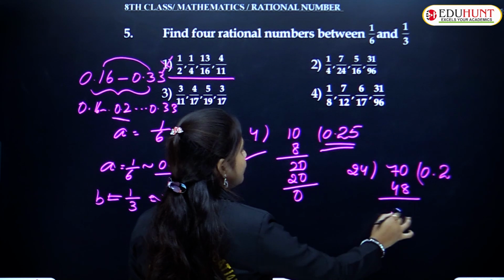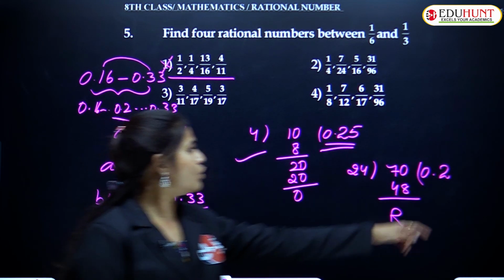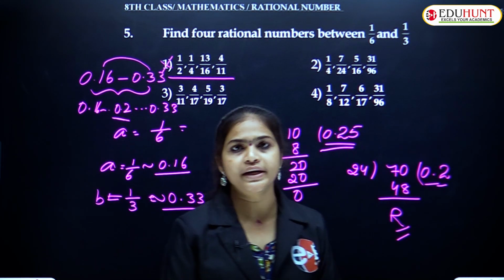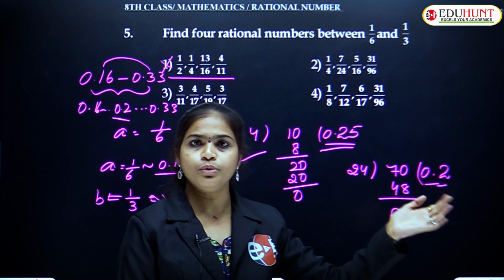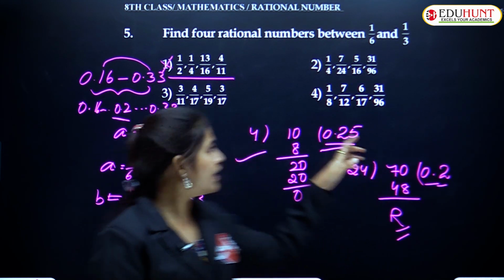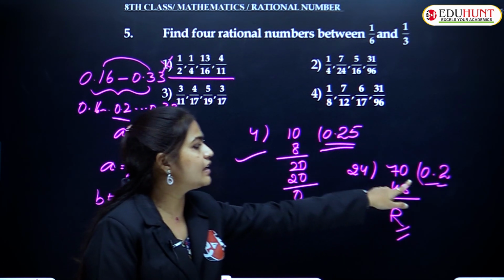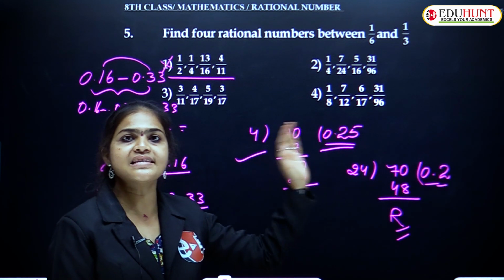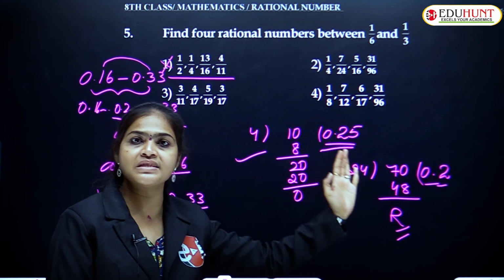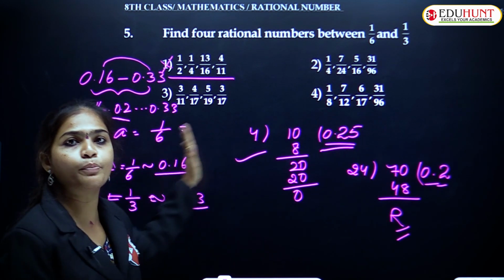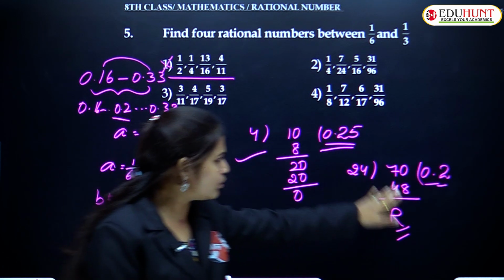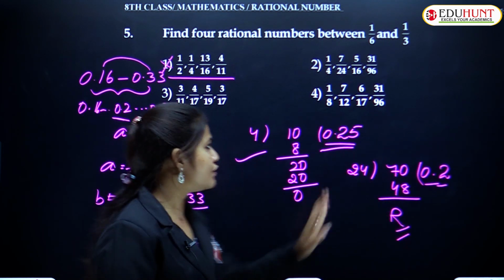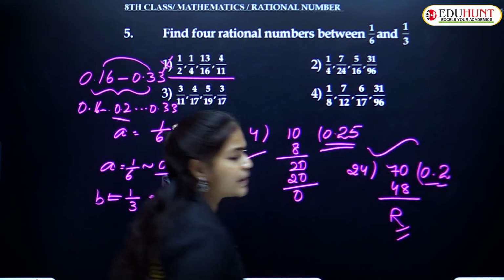So the remainder, whatever it may be, just leave that. Here what is the quotient? 0.2. So 0.2 means is it satisfying or not? Here also we are getting 0.2. 0 point something, whatever it may be, in the 0.2 series all numbers lie in between 0.1 and 0.3. That's why no need to check all these things. Okay. So that's why here the second number is also satisfying.